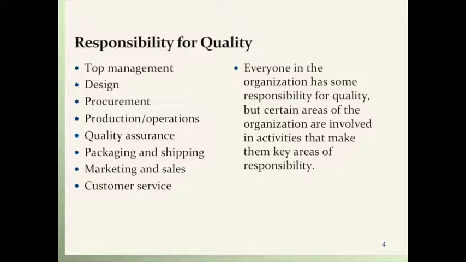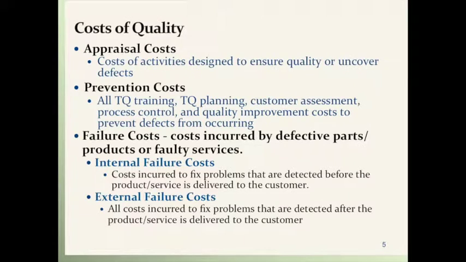So they're able to provide the feedback of the data of what people are complaining about, or helping them if it didn't meet the quality expectations. And then the bottom line is everyone in the organization has some responsibility for quality. Some people, it's a key responsibility. Others, it's more a collateral duty.